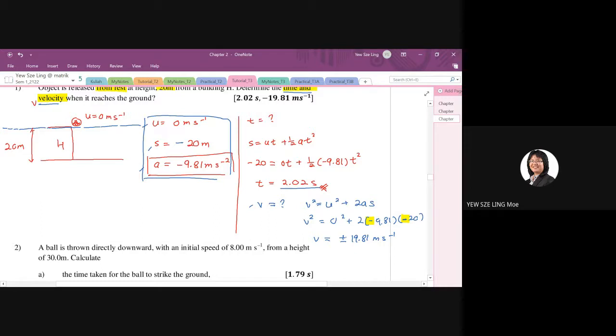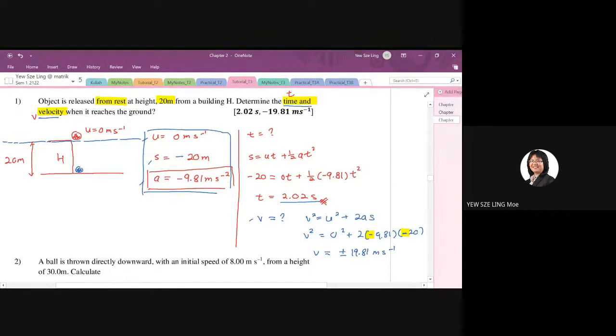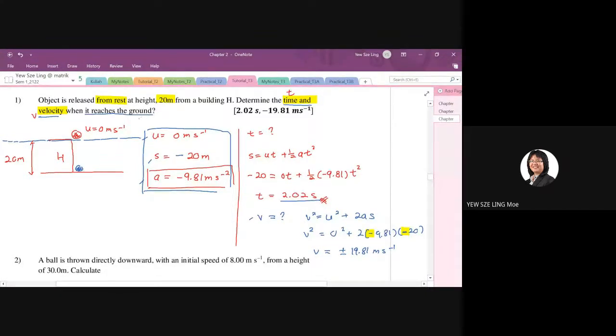And that is also another reason why I asked you to sketch a diagram. All right, so let's go back to the diagram. Now you drop an object, okay, and then it reaches the ground. Now these types of question are actually a bit misleading. Okay, it asks you to calculate the velocity when it reaches the ground. Actually, it is asking for the velocity right before it becomes zero.